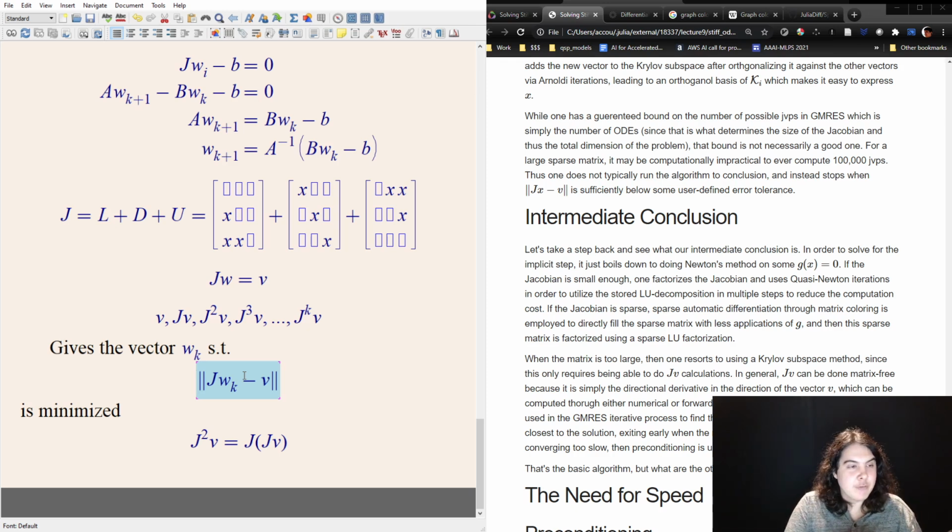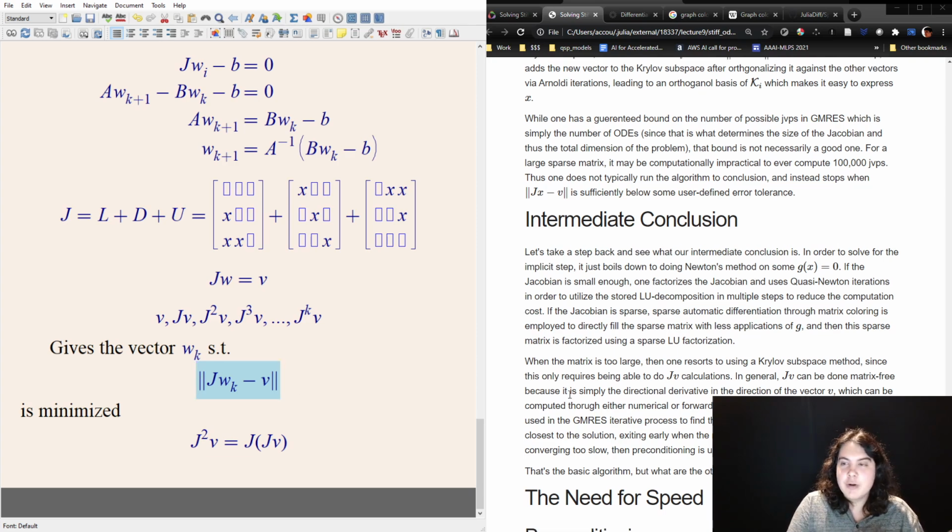The number of function evaluations it takes to build the k Krylov subspace vectors is k. And so if this converges really quickly, then that can be faster than doing the sparse differentiation. If it converges very slowly, then it's not good enough, right? Then it can be faster to do the sparse factorization.